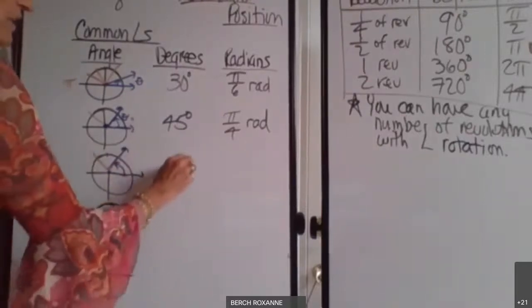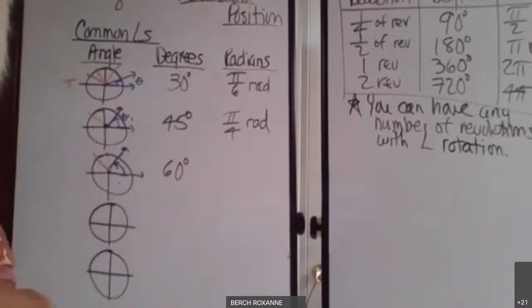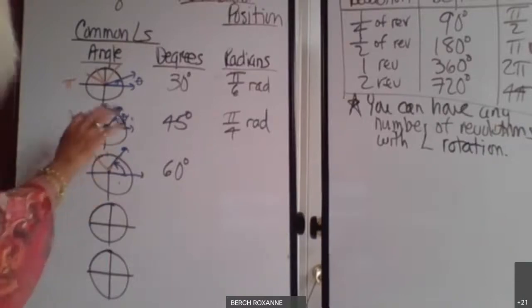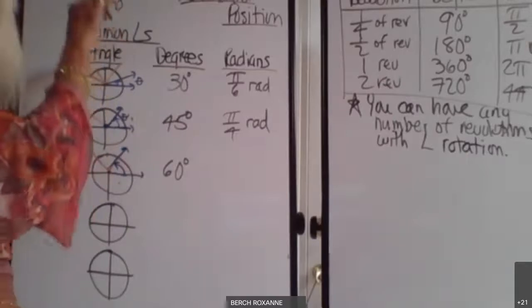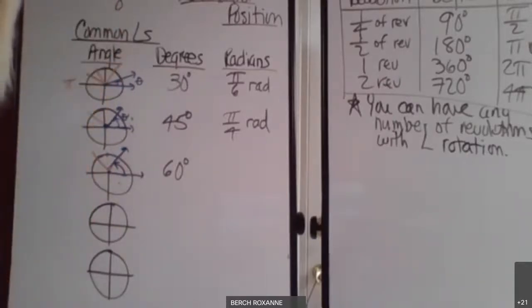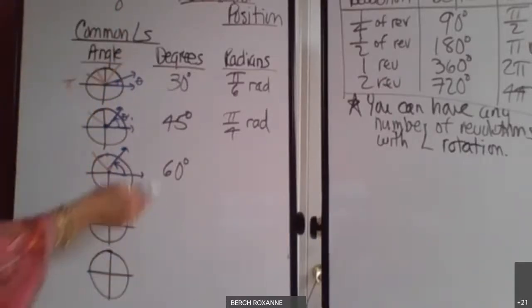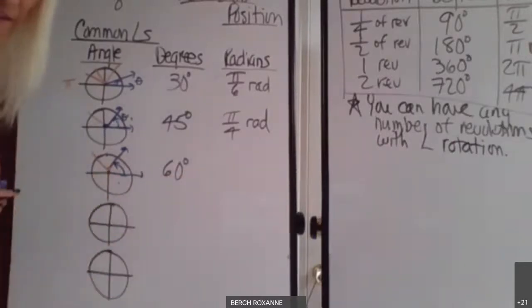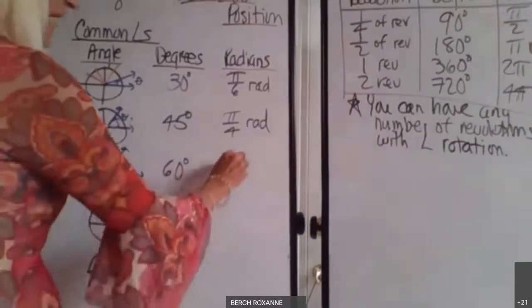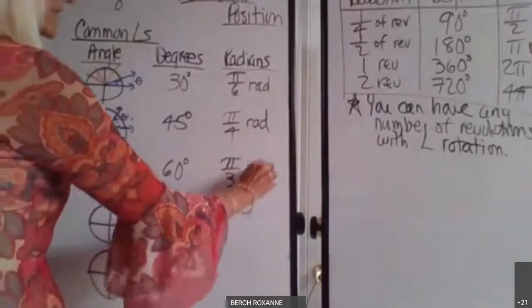Do you remember Ms. Fresco talking about the 30, 60 triangles? That's where this is coming from, because if I made triangles out of these, I could draw a line straight up and down and make triangles. That's where these degrees are coming from also. Anyhow, this would be 1/3 of pi, and 1/3 of pi would be pi over 3 radians.